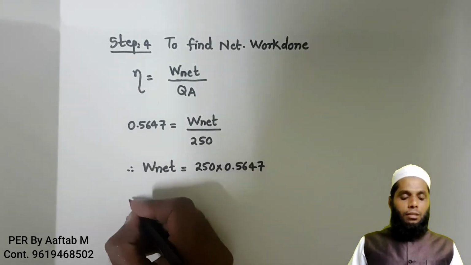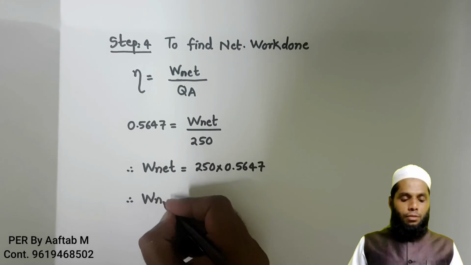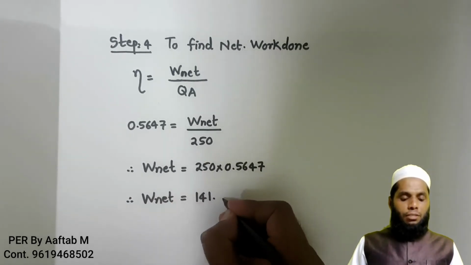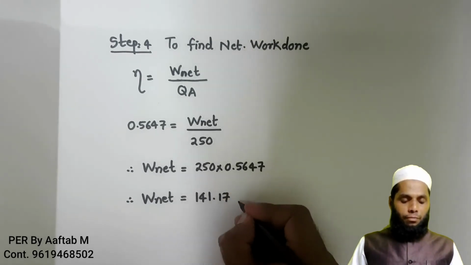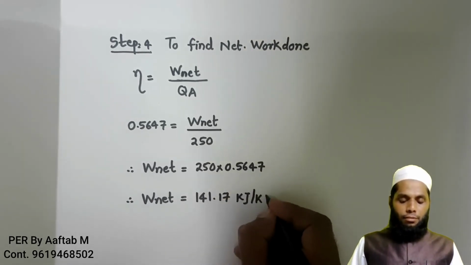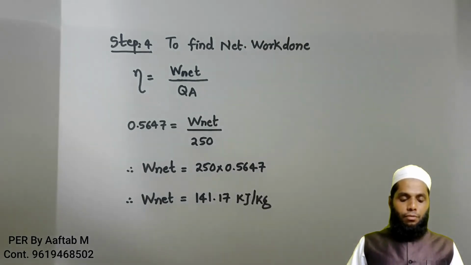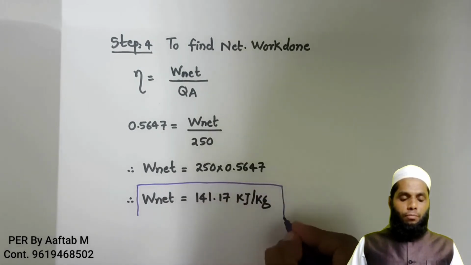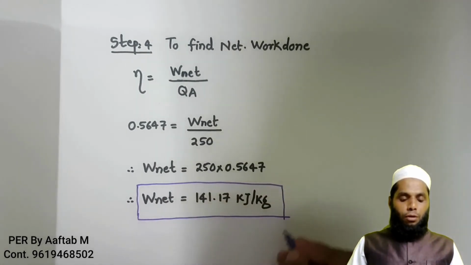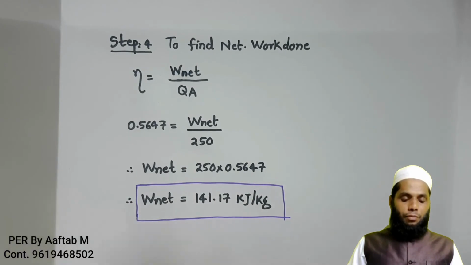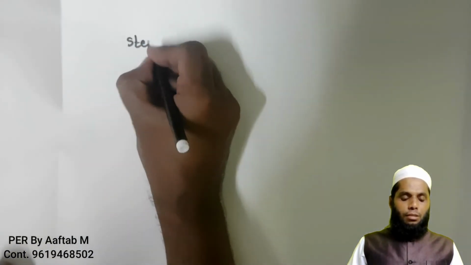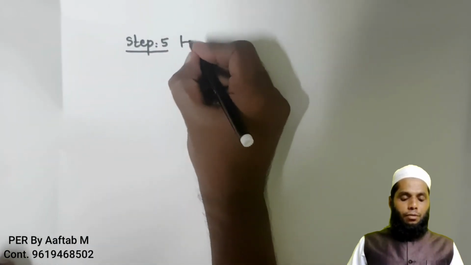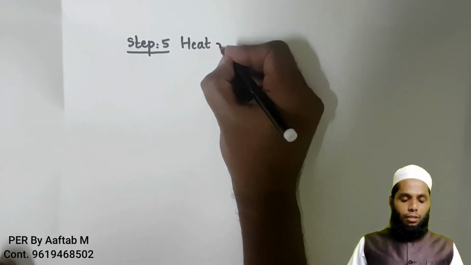Therefore, net work done is equal to 0.5647 multiplied by 250. After calculating this, we have the final answer for net work done, 141.17 kilojoule per kg. So this is the next required answer of this problem, net work done by the system.